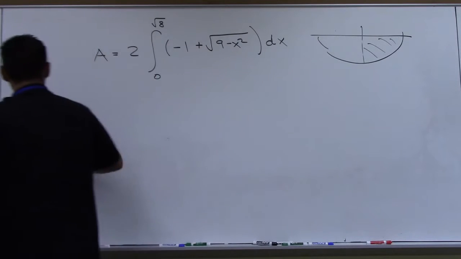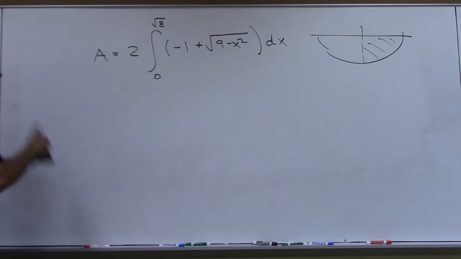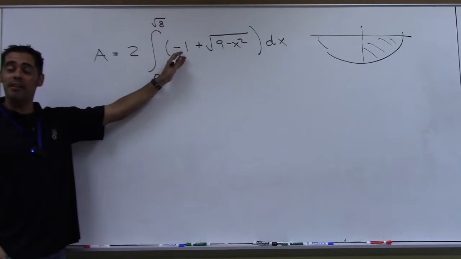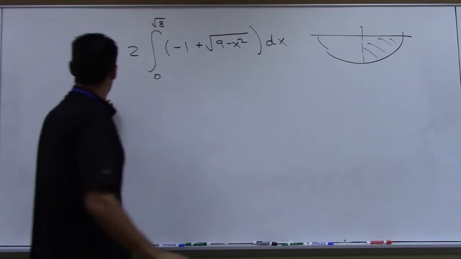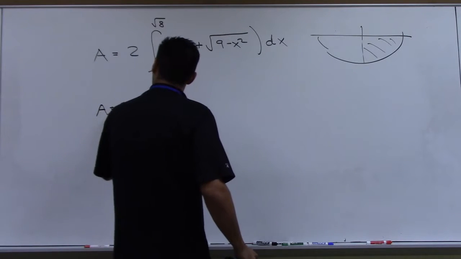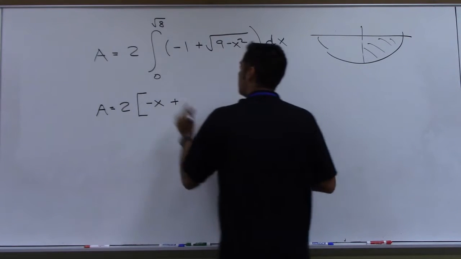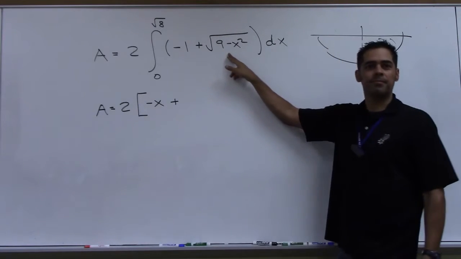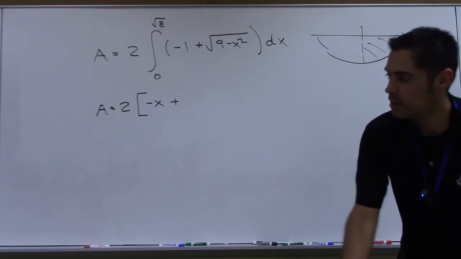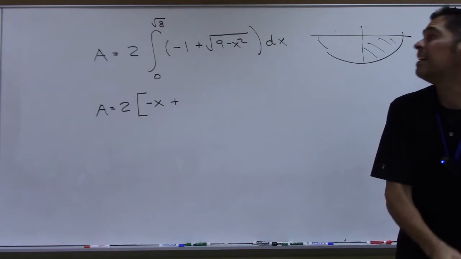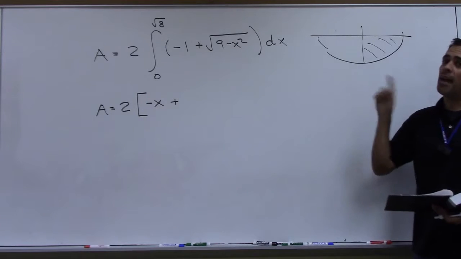We spent several weeks on it. The antiderivative of negative 1 is negative x. So the area equals 2 times, let's see, negative x plus, how about this? Close. If it was 1 over that, it would be.